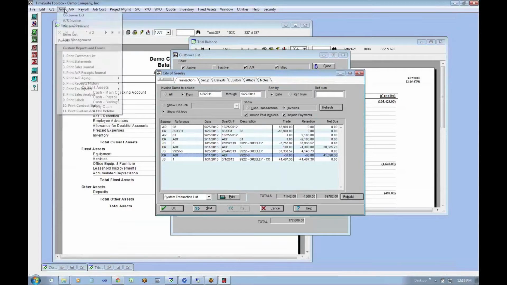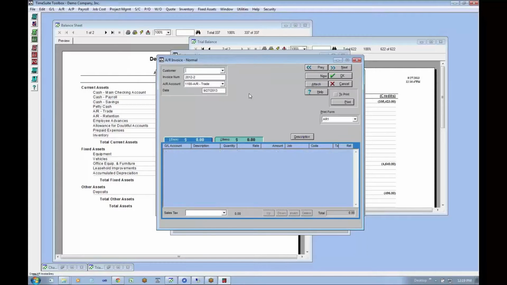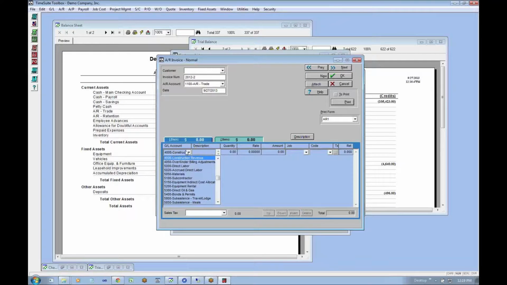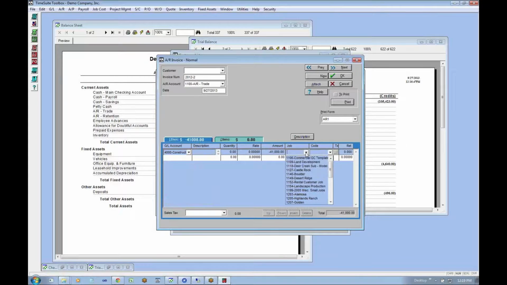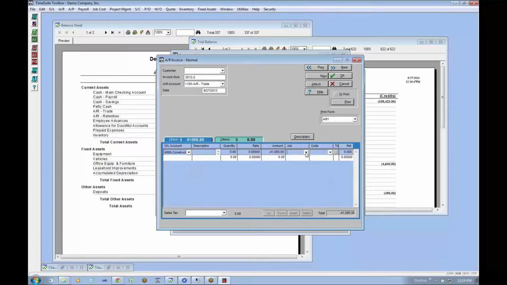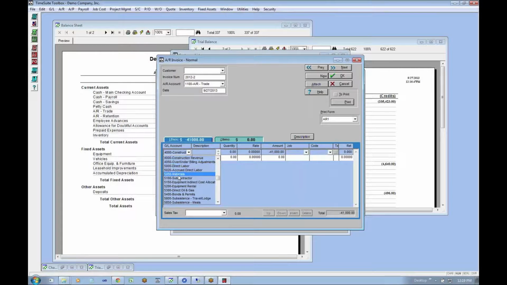So one way to do it would be to go ahead and do an accounts receivable invoice, post the distribution to wherever they posted their journal entry, and your negative invoice comes in here, right? And then let's say it was a back charge that needed to get posted. A back charge would go to the income statement cost accounts, whereas if it was a change order that got negotiated down and you didn't end up getting as much as you thought you would get, that would go to revenue.